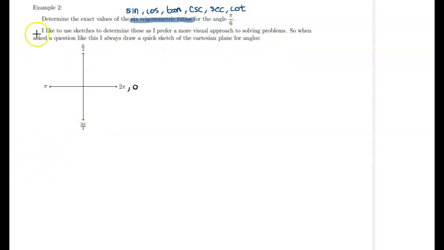And I'm going to solve this question using 3 steps. Step 1 is always going to be to draw my angle on the plane here. So I'm going to draw pi over 6 on the plane.